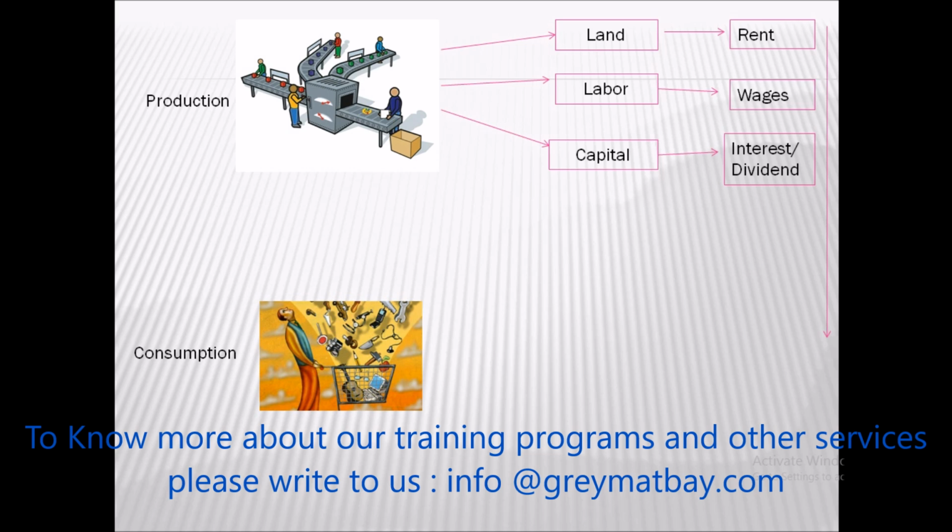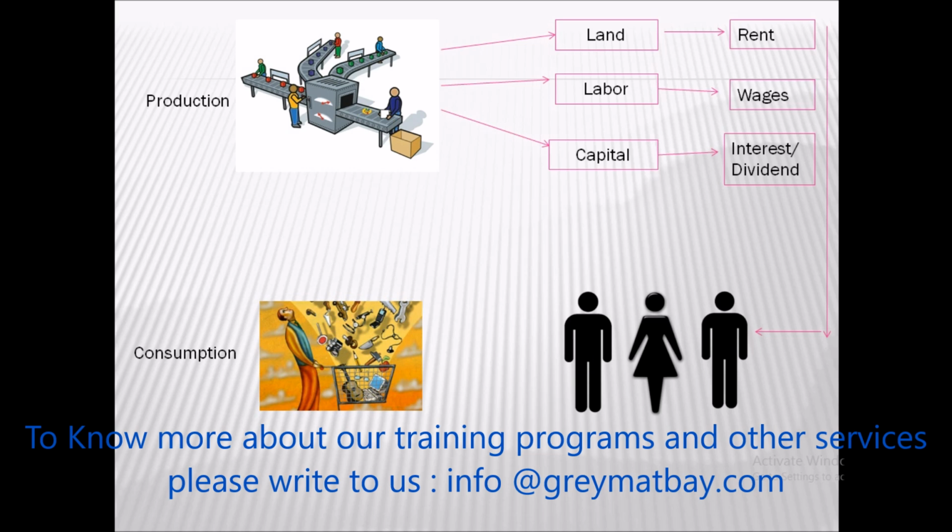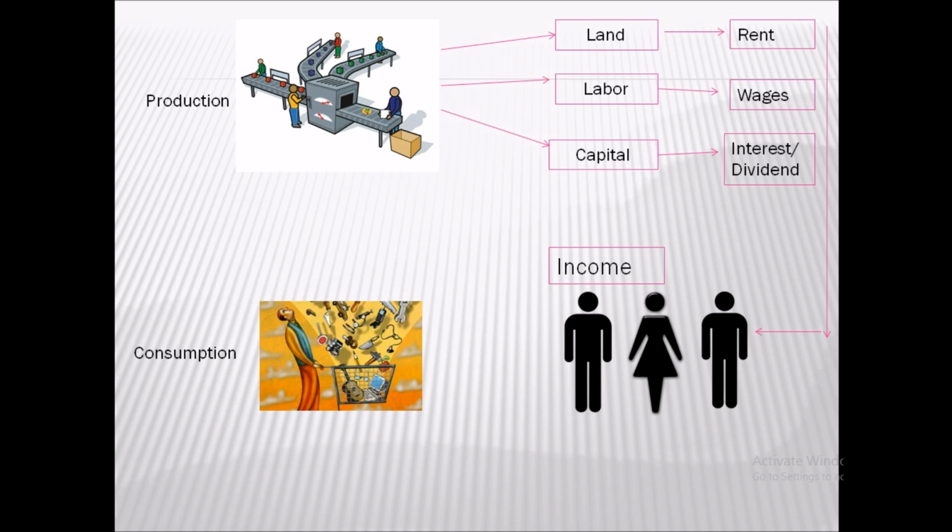The providers of these factors of production are basically individuals, and this factor payment paid by the producers becomes the income for these individuals. These individuals in turn use this income to consume the goods and services produced by the producers or the firm in the production activity.